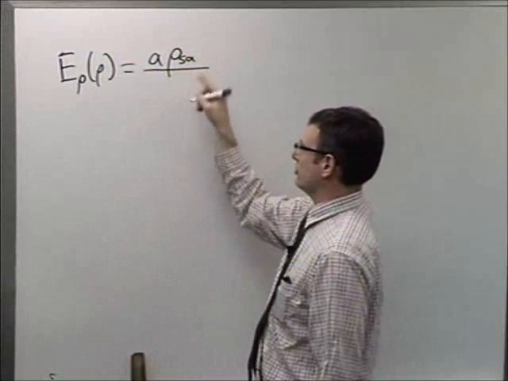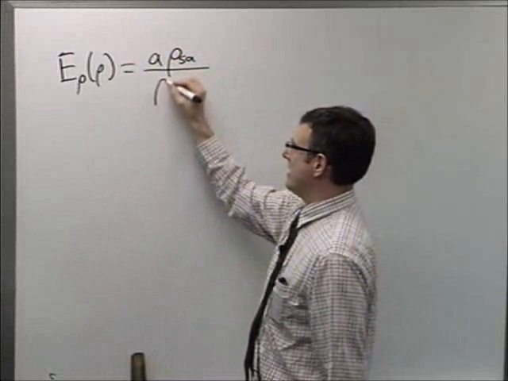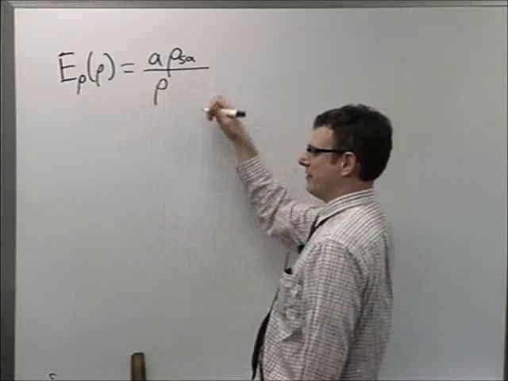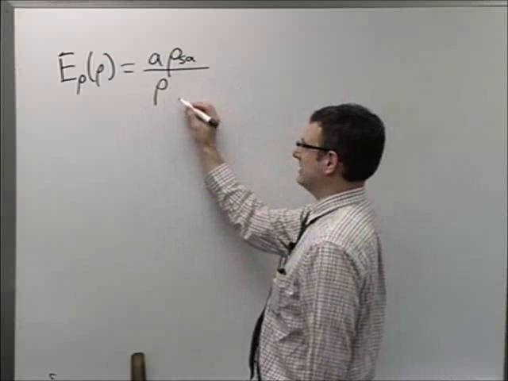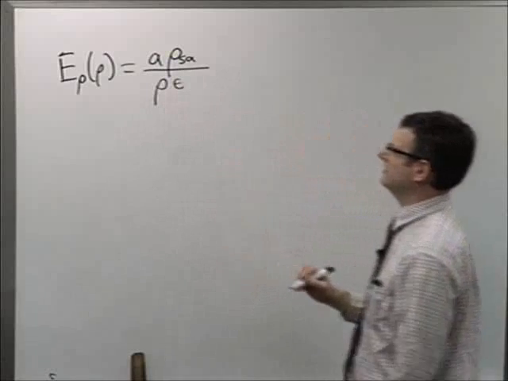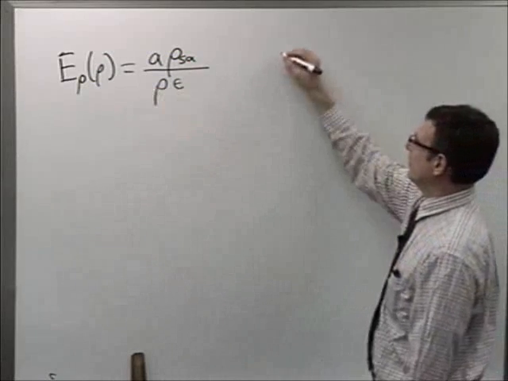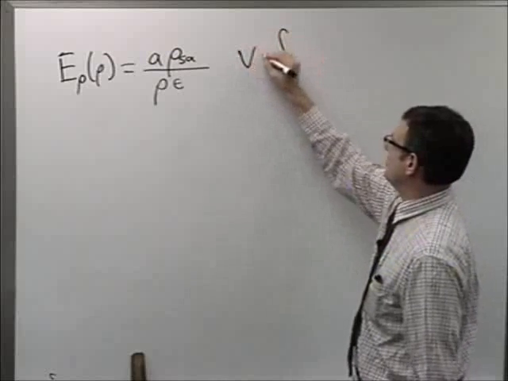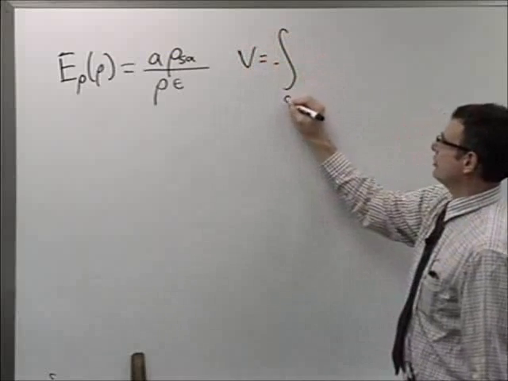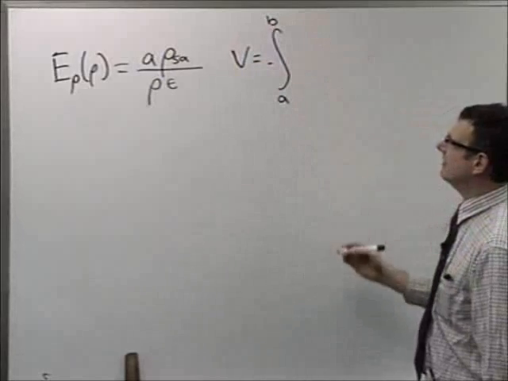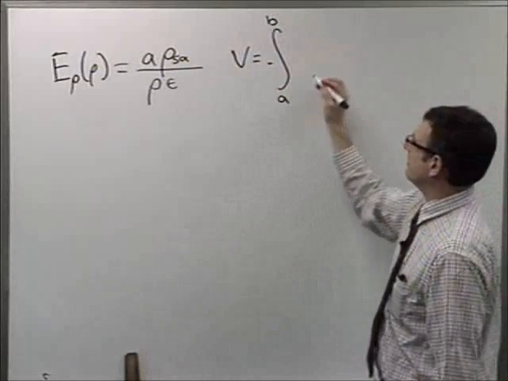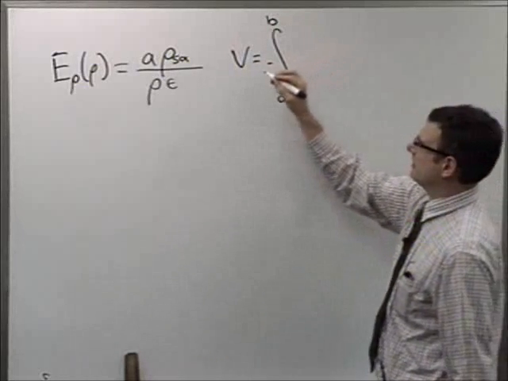E as a function of rho, the rho component of the E field, is equal to A times the surface charge density, rho sub SA, divided by the distance away from that z-axis that I'm observing, divided by epsilon. If I want to integrate this to get voltage, voltage is minus, I'm going to integrate from A to B. And I'm going to do it along the rho component.